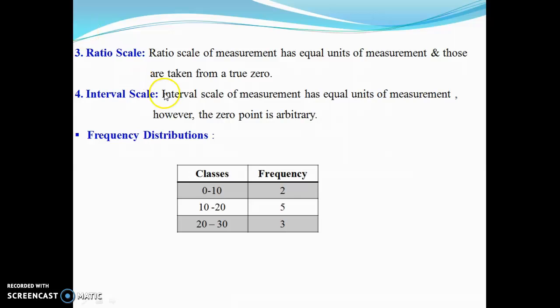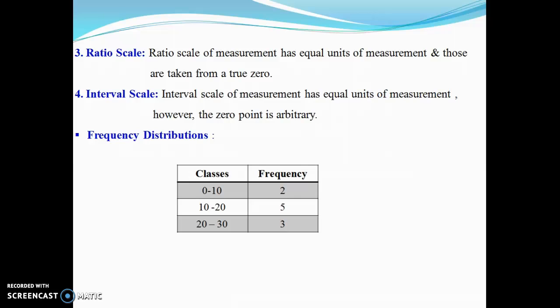Now we are going to discuss the next definition, to understand what is frequency and frequency distribution. First of all, what is frequency? Frequency means the number of observations in a class is called frequency. This is a simple definition. And frequency distribution differs from frequency.